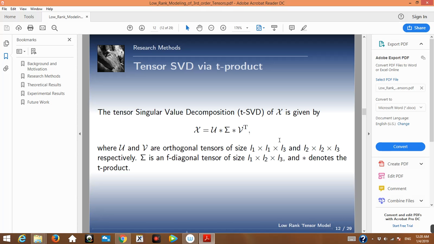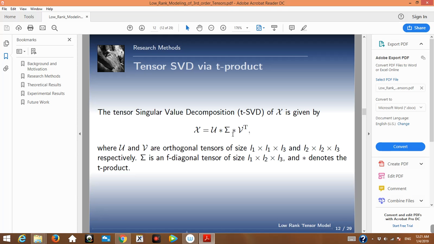Kilmer and Martin made use of the T-product to define a new tensor singular value decomposition called TSVD. In TSVD, a third-order tensor X can be decomposed into the product of three tensors.